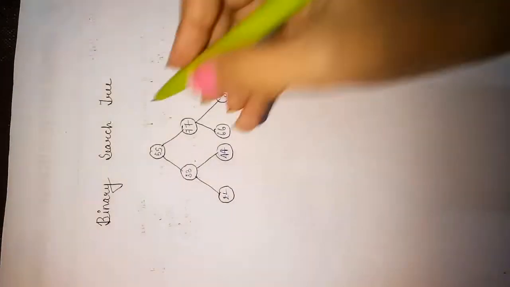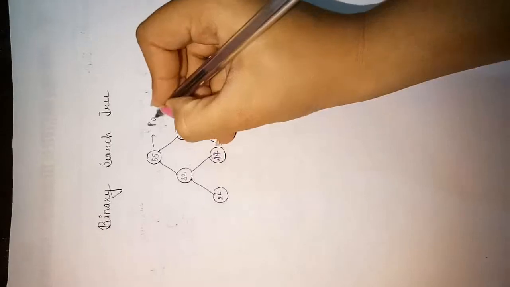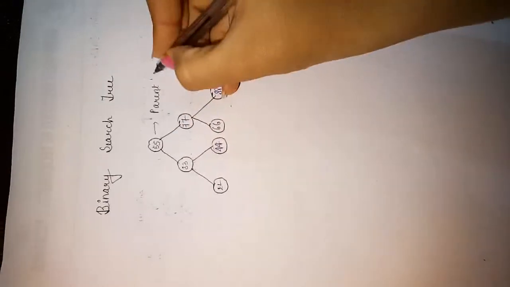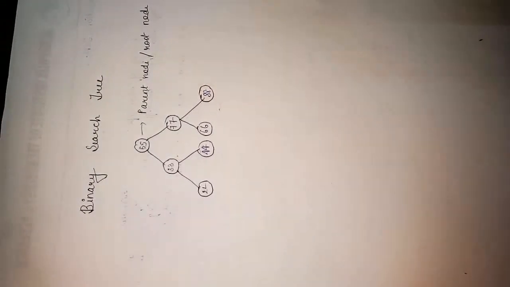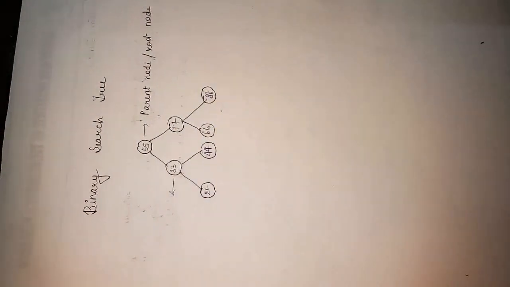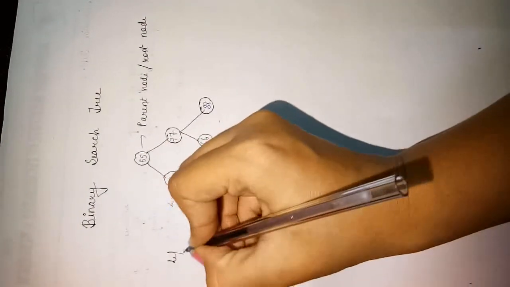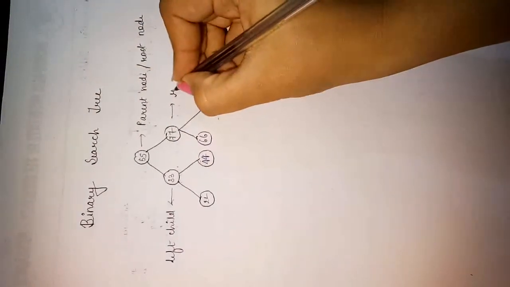In this binary search tree, this is called the parent node or the root node. This is called the left child and this one is called the right child.